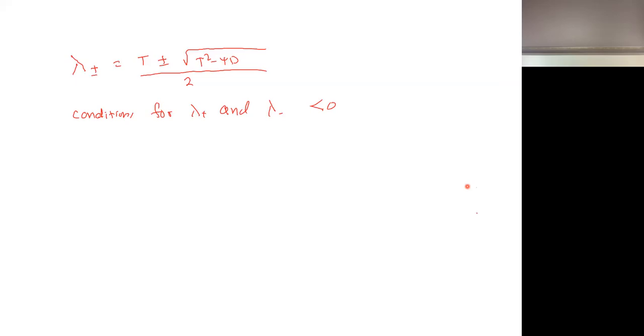And so let's start off with T squared greater than 4D. So lambda plus or minus, draw it like this. This is our lambda plane.